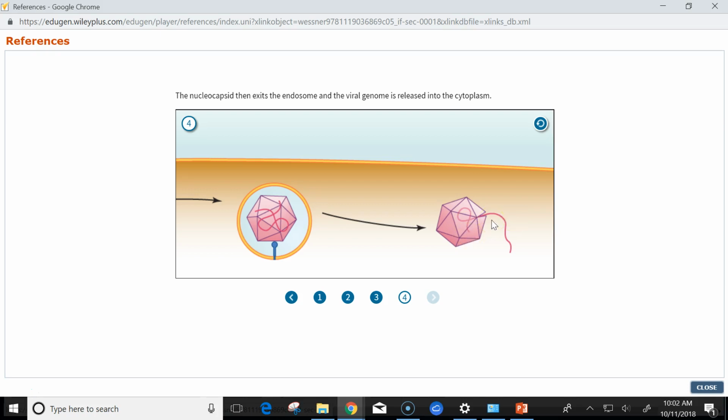That's the synthesis phase. So part of entry is them coming apart. This is sometimes referred to as uncoating, because the protein coat comes apart from the nucleic acid. All right, so now let's look at the next one.